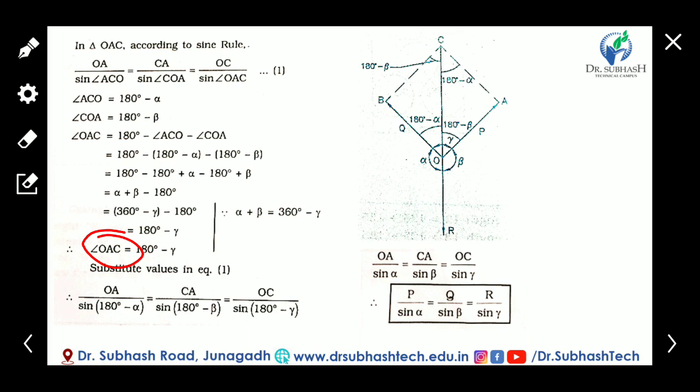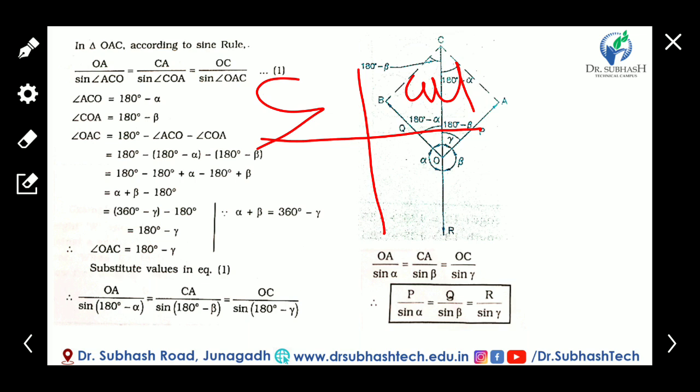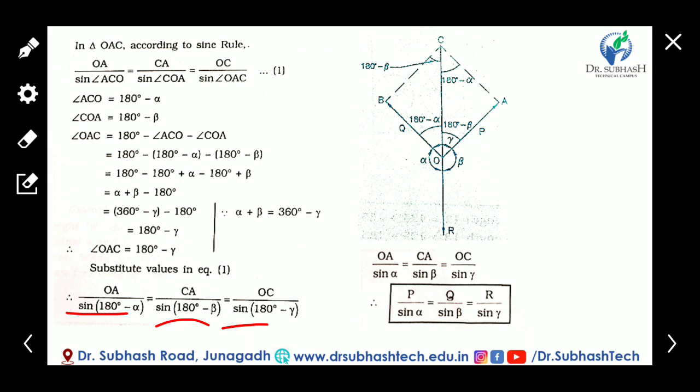Put the value of all angles as shown in the slide. According to the trigonometry rule, the sign is positive for 180 minus angle. In this quadrant the sign is positive, so all sine values are positive. Sin alpha is positive, sin beta is positive.